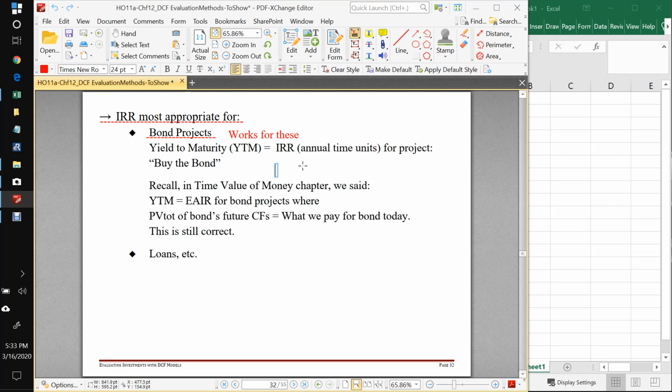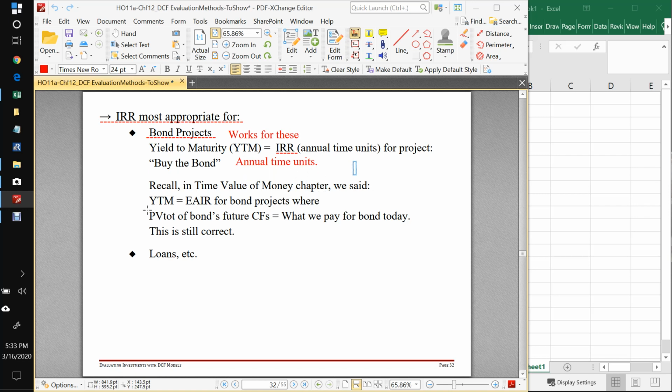Okay, so for a bond project, the yield to maturity now is equal to the IRR. So the yield to maturity is the IRR when, I should say here, we use annual time units. Okay. So now we have another way to get the yield to maturity for a bond project. We just get the IRR and that's it.